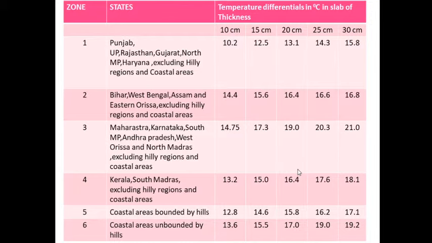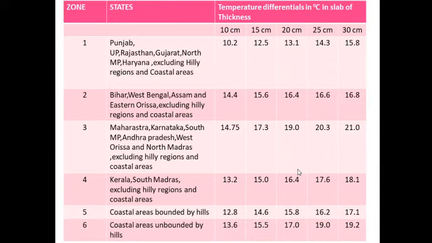Normally, zone 4, Kerala, South Madras, our area is coming under zone 4. If the slab thickness is 10 centimeter, the temperature variation is 13.2.